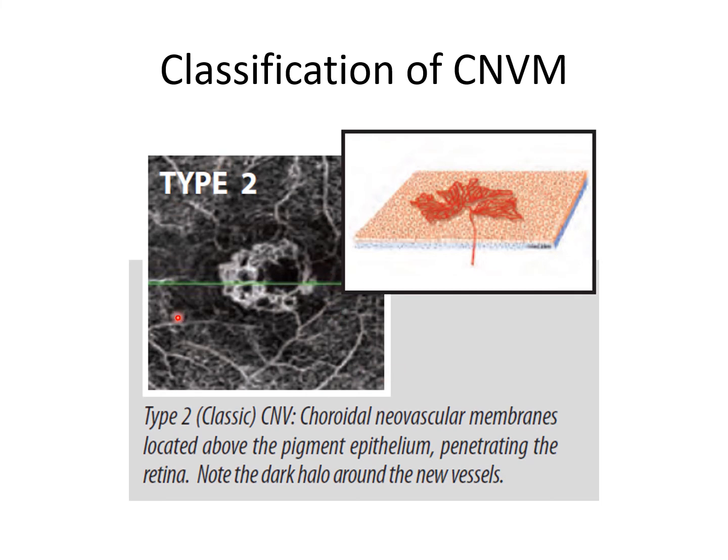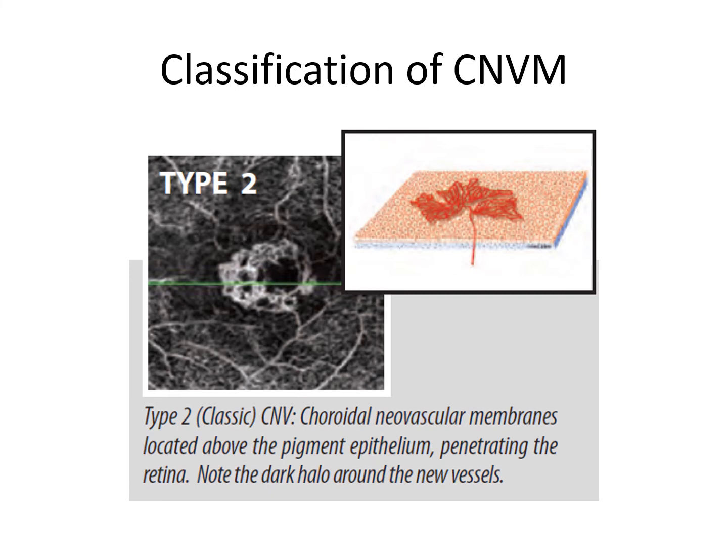Again, on OCT angiography we can appreciate this membrane which is seen as a more marked reflective lacy membrane here, and we have a dark halo around the blood vessels here.